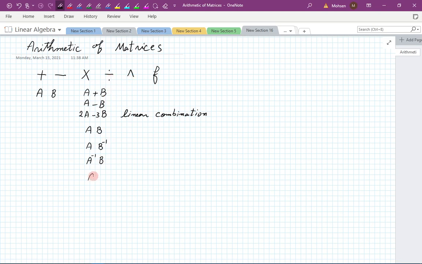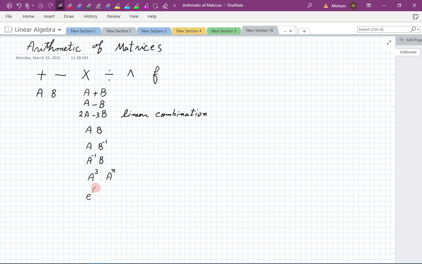Power, well, we want to make sense of what is A cubed and A to the power of 10 or something like that. So we are going to have quite a bit to say about raising a matrix to a power. Then functions. What does that mean? Well, you have learned about many functions in calculus. The question would be how to apply those concepts to matrices. For example, you have the exponential function.